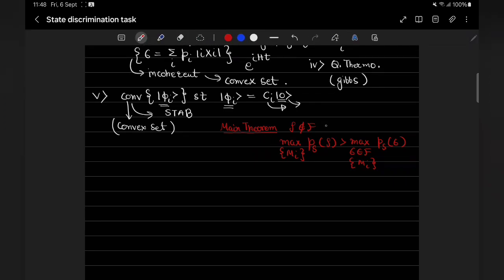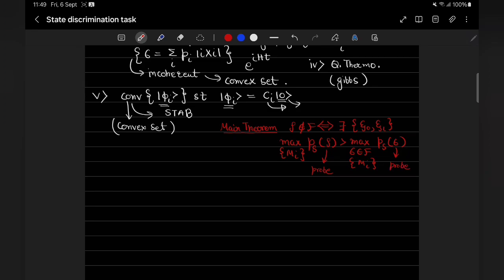What I want to write is: if and only if there exists some channel discrimination task, epsilon_0 and epsilon_1. So a state does not belong to the set of these convex states if and only if there is some channel discrimination task such that the optimal guessing probability using this as the probe state exceeds that using any of the free states as the probe state.